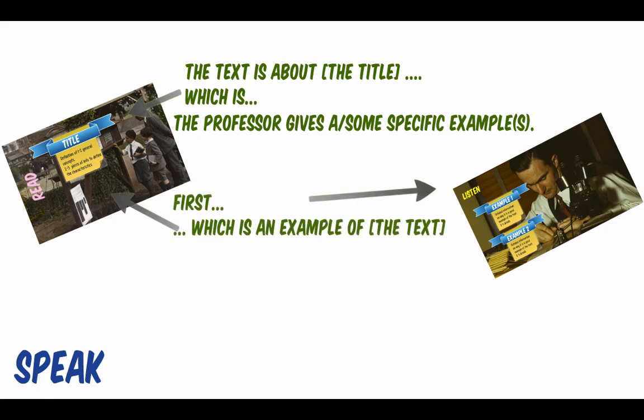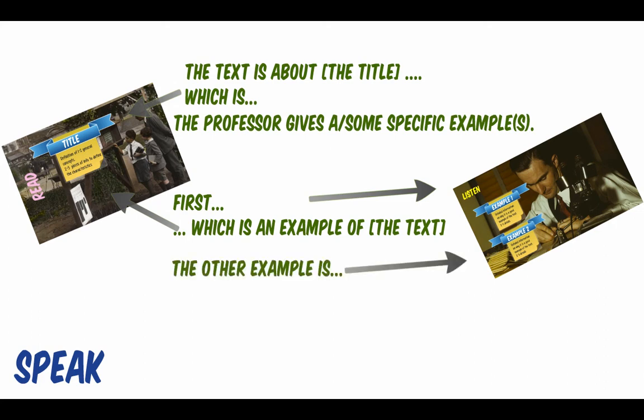The first example is, detail, detail, detail. And then you want to say that this is an example of something mentioned in the text. It's very important that you mention this because this is the integrated item, and what you're supposed to do is identify the relationships between the two things, and this is the relationship. This example is an example of something written in the text.